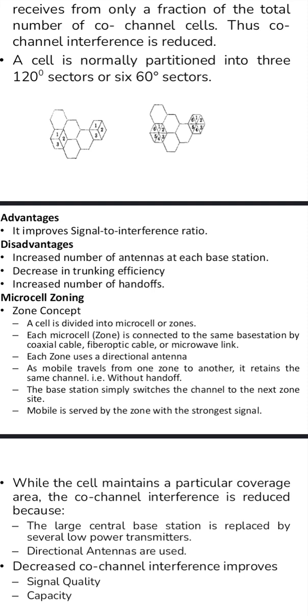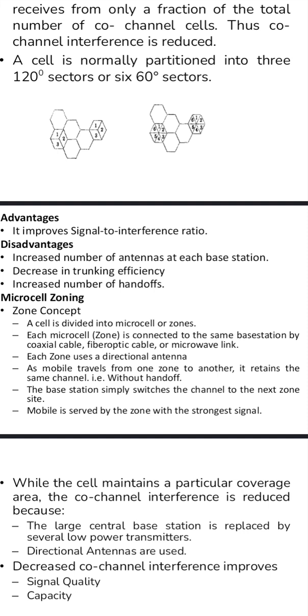The microcell zone concept divides a cell into several zones which are connected to a single base station. Here the cell is divided into microcells or zones. Each microcell or zone is connected to the same base station by coaxial cable, fiber optic cable, or microwave link.